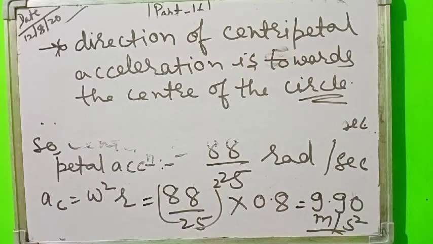Whatever the circular path the stone is traveling along, the direction towards the center is the direction of centripetal acceleration, that is a_c, and the frequency we had calculated.